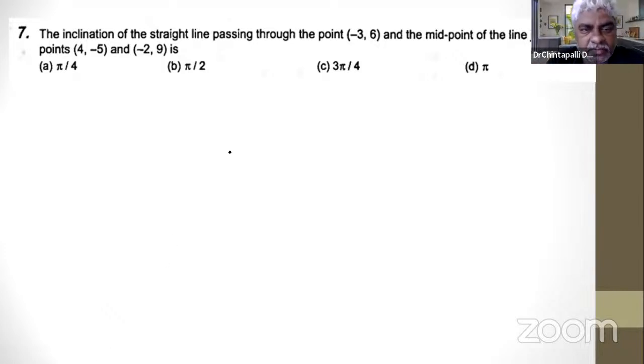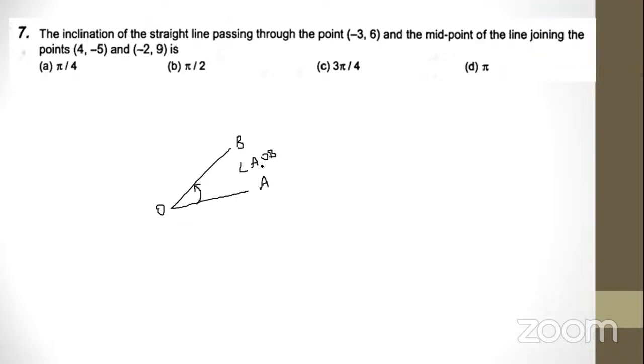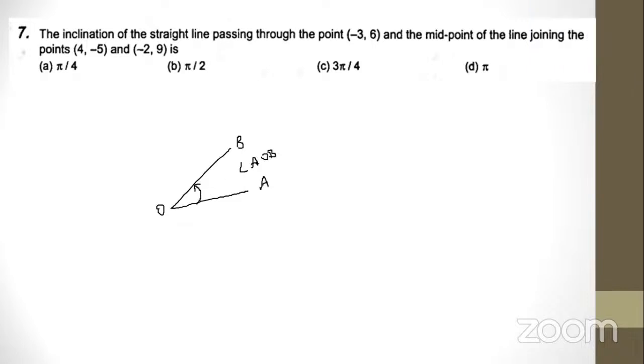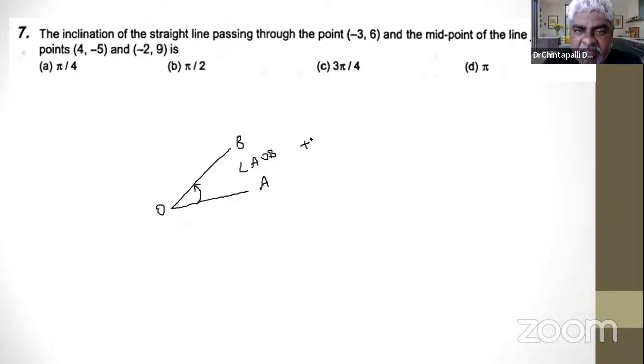For example, this is angle AOB. If we measure the angle in this direction, it is angle AOB. It is called anti-clockwise. This is called the positive direction.